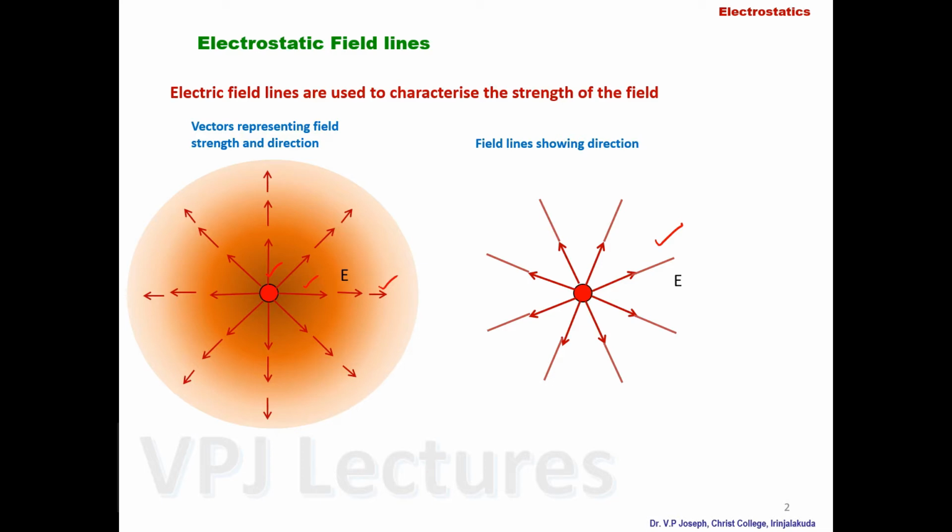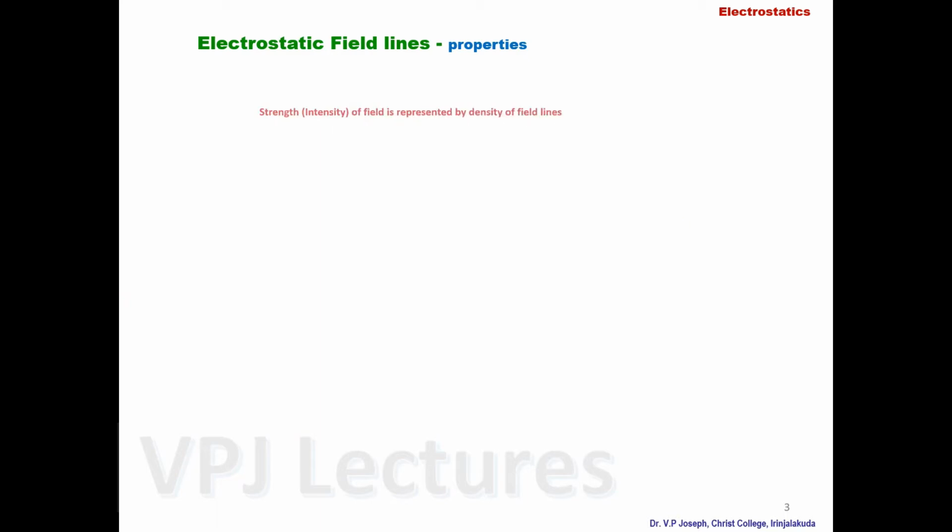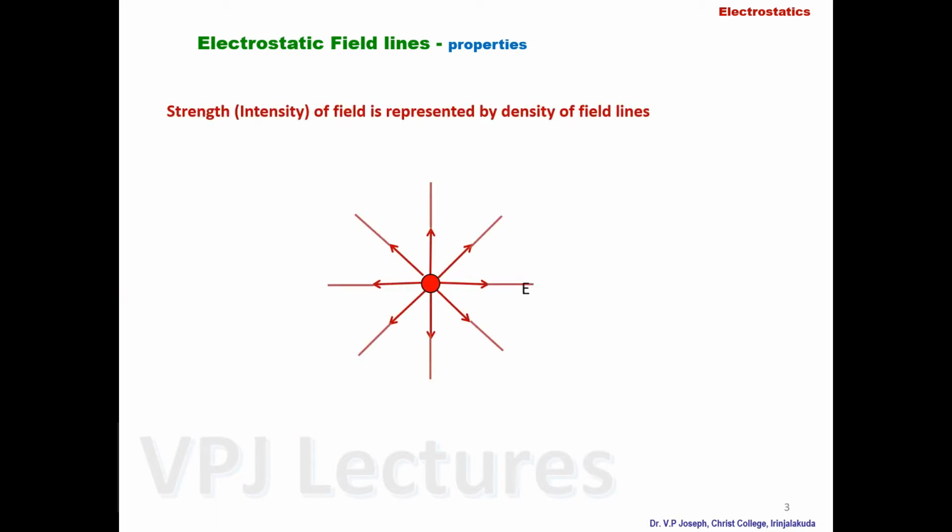Now we will consider some basic properties of these field lines. The first one is related to the intensity or strength of the electric field, and it is represented by the density of field lines. The density of field lines means the lines passing per unit area. So let us increase the number of lines associated with this charge and consider an area somewhat closer to the charge region.